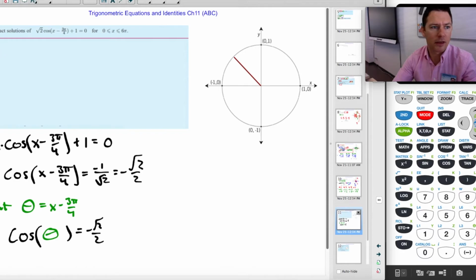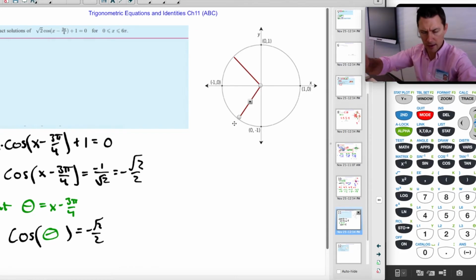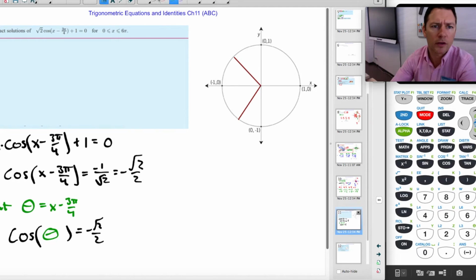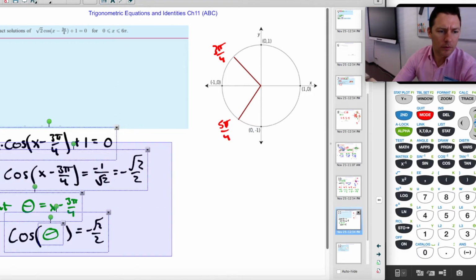So one happens there and one happens there. They're both negative, so they're both in that half. Fine. This one we can call 1, 2, 3 pi fourths. 3 pi fourths. And this is 4 pi fourths, 5 pi fourths. 5 pi fourths. Okay, great. So that's neat.